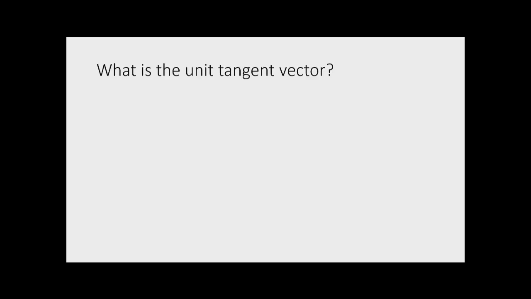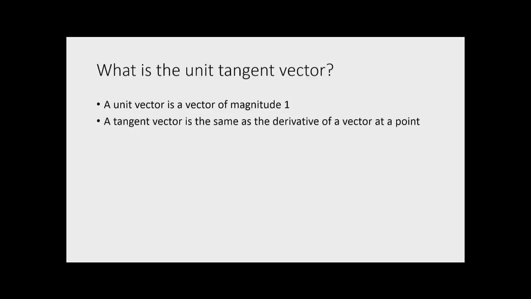Now let's finally take a look at the unit tangent vector. What is the unit tangent vector? Well, we know that a unit vector is a vector of magnitude 1. Tangent vector is the same as the derivative of a vector at a point. How do you change the magnitude of a vector, and how do you make it 1?